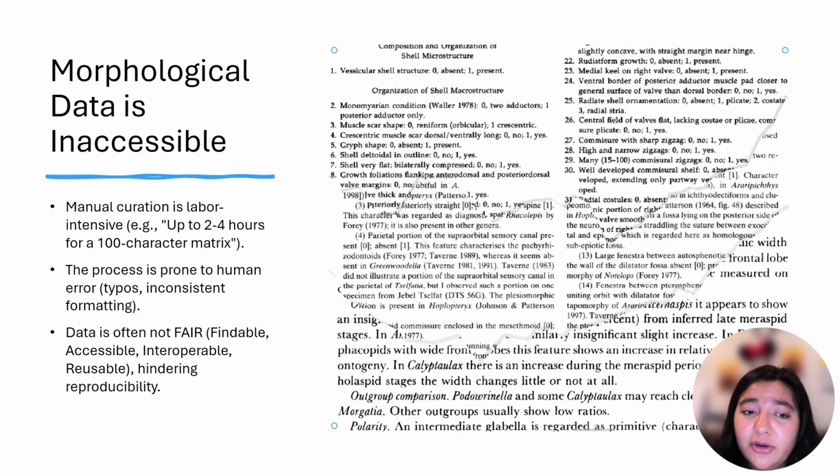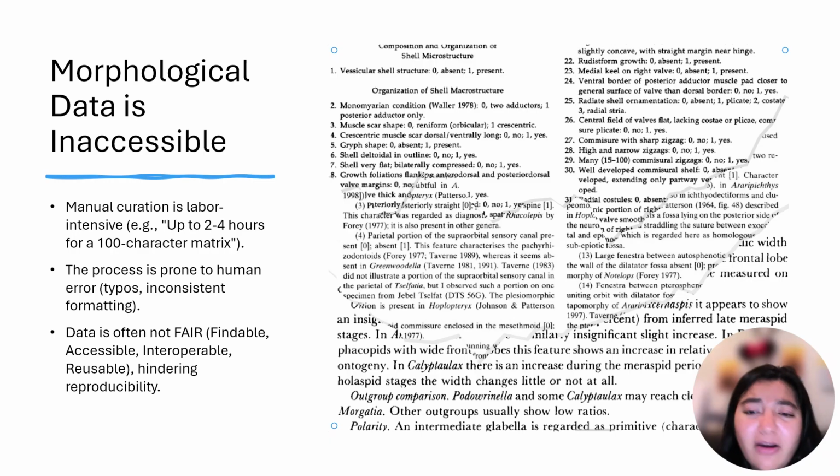I've done that on so many files that are related to this PBDB transfer, where I've just sat down for 2 to 4 hours and just typed for 4 hours straight trying to get through a 200 or 300 character matrix. And it's frustrating, and it's also prone to human error and inconsistent formatting, and there could be all kinds of problems with us sitting for hours typing these morphological data out.